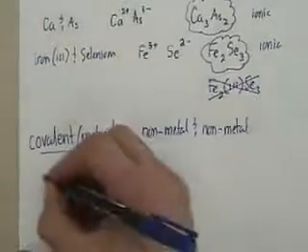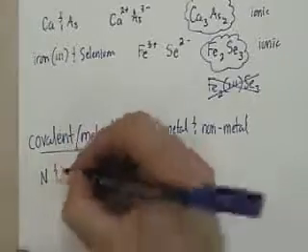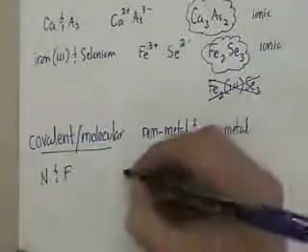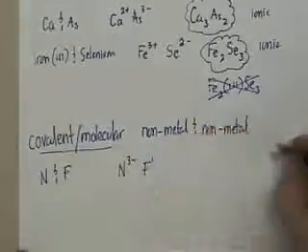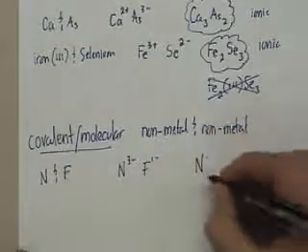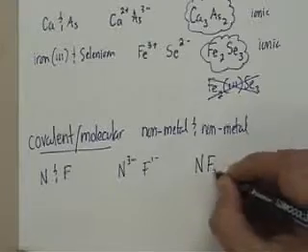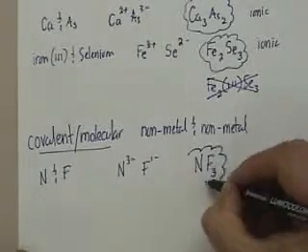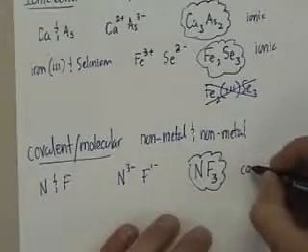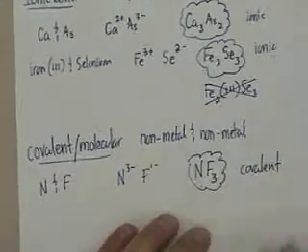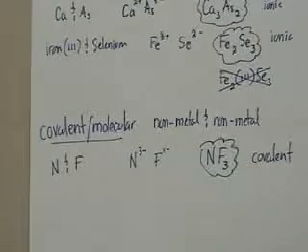So we could go with something like nitrogen and fluorine. Nitrogen is 3 minus, fluorine is 1 minus. You crisscross them, you get NF3. Non-metal, non-metal, so it's covalent. I could have also written molecular.